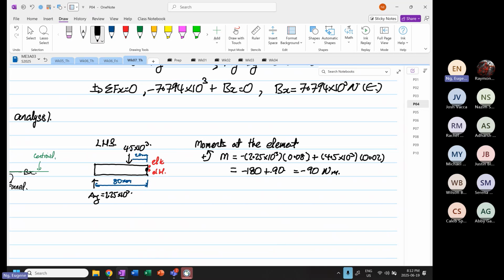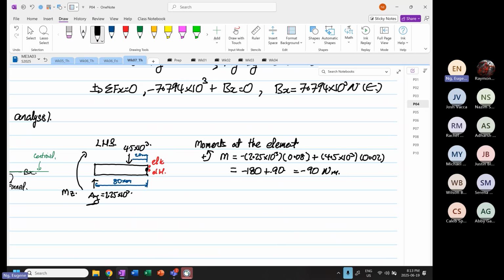Okay. So when it's minus, what does it mean? It means the AY is inducing a higher moment. So the moment about Z is in this direction.